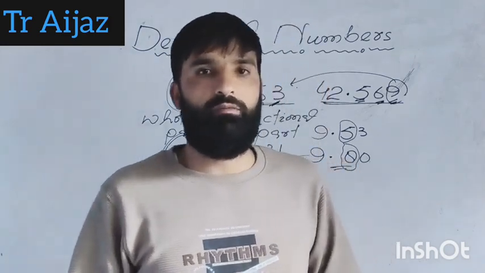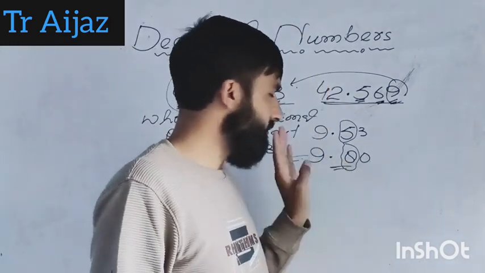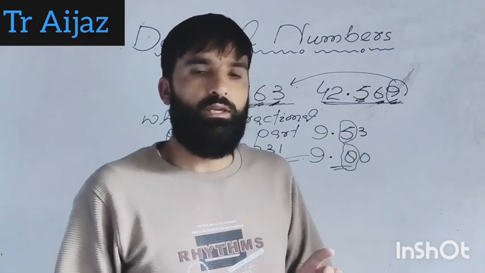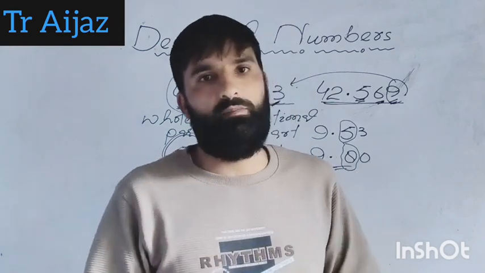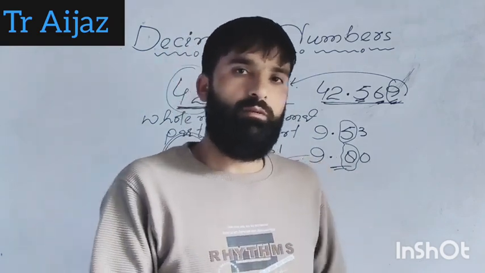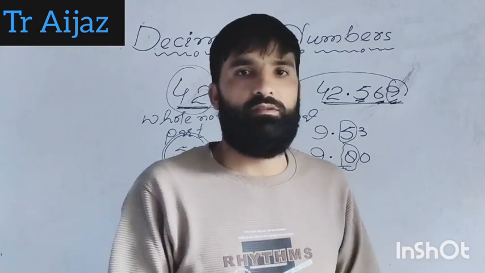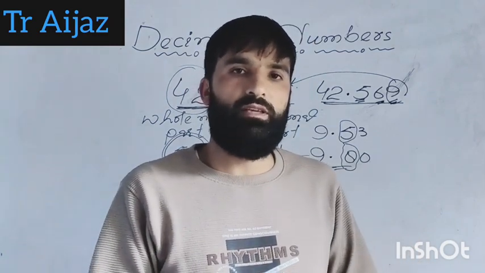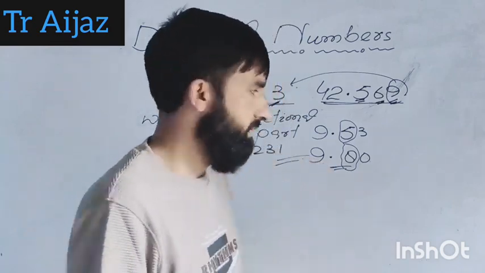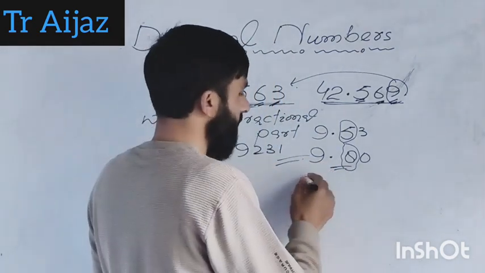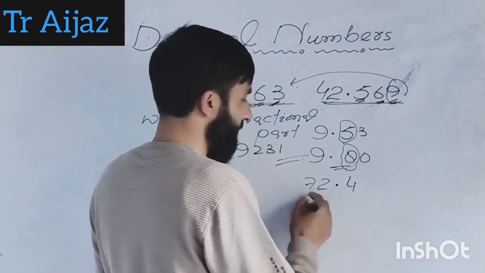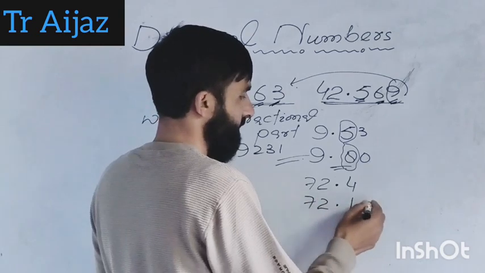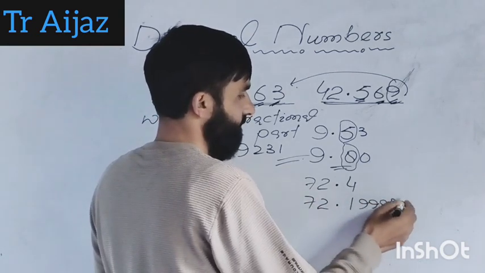And remember always, if the first digit after the decimal is greater than the first digit of the second number, then even if there are many larger digits in the fractional part of the other number, that cannot make it greater. Like this, it is 72.4 and it is 72.1998.